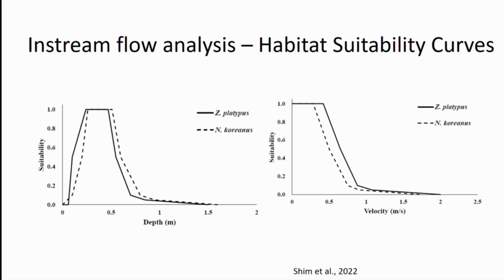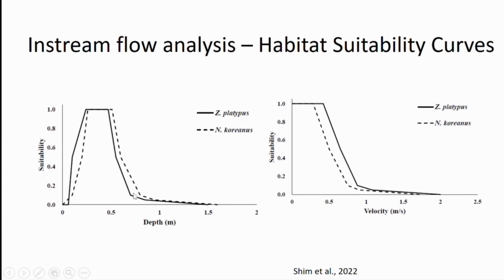So this is an example of the habitat suitability curves for both depth and velocity. And what this is saying is that up until, let's say, 0.5 meters depth, you would have the optimum condition that the fish can survive. And as you go above that, that will be too much for them.